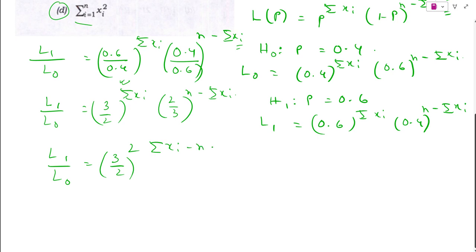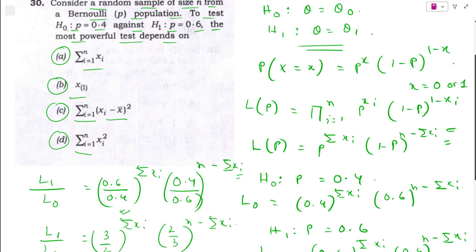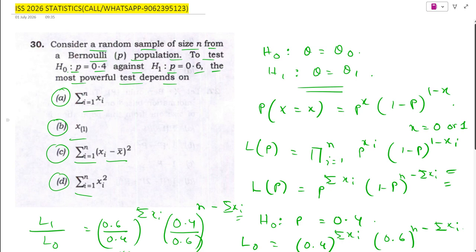Now, the likelihood ratio is an increasing function of summation of xi. And therefore, the Neyman-Pearson lemma says reject the null hypothesis for large values of summation of xi. Hence, the most powerful test depends only on the summation of i equal to 1 to n xi. So, what will be the answer? The answer is basically option number A.